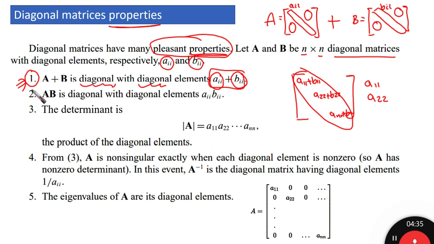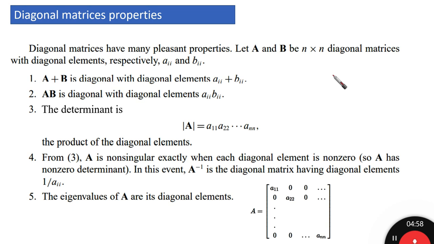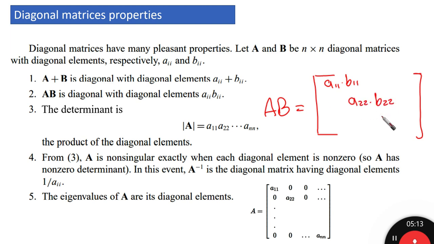In a similar fashion, this is the second property: AB, the product of the diagonal matrices, is diagonal with diagonal elements a_ii times b_ii. If we multiply them, the product of A and B is going to have a11 b11, a22 b22, and so on until ann bnn.